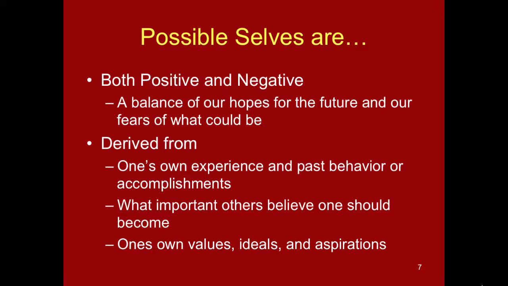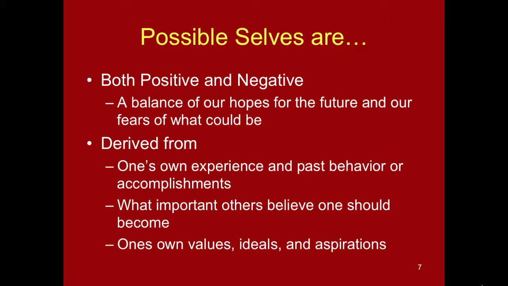For example, you may have positive expectations about graduating from USC with a bachelor's degree and going on to acquire a full-time job that will launch you into a successful career. On the other hand, you may also have fears of not acquiring the job of your dreams, possibly not making enough money, or living a life that you deem as less than successful. Both of these possible selves are important and impact your motivation.